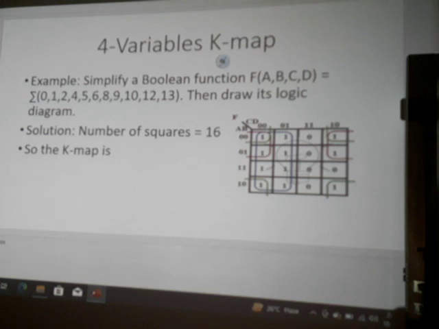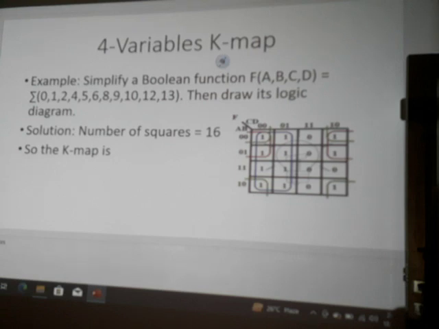So A is also neglected. So in this way, if we move from the first square to the square corresponding to AB states 1, 0, which is the last square in this column, we can see that both the variables A and B are going to change. So both variables are neglected.